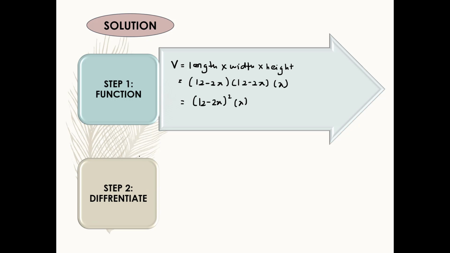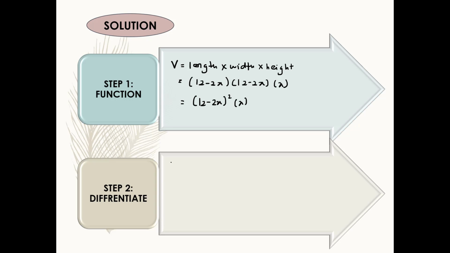Step number 2 is you need to differentiate the function. So we have to differentiate the volume. We can use the product rule. Then we get (12 minus 2x) squared times 1 plus x times negative 4 times (12 minus 2x).